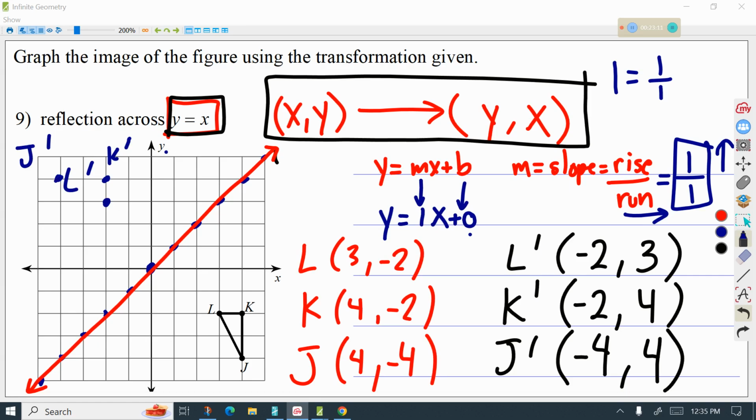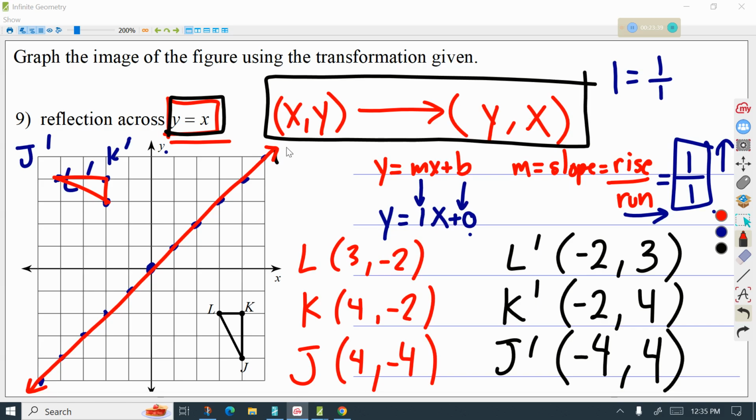Now we can see, if I connect those in red, hopefully, that we have the points that we need. Every now and then you might have to move your label out of the way so you can see your picture a little better, but this is good enough. I hope you guys can see that our points got reflected across the line y equals x. Not the y-axis, not the x-axis, but the line y equals x. This little line that goes over 1, up 1 every time.